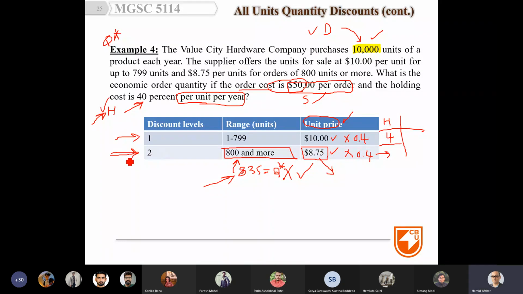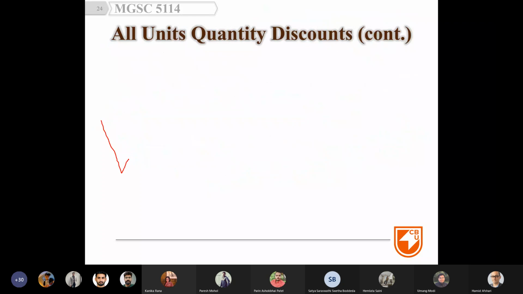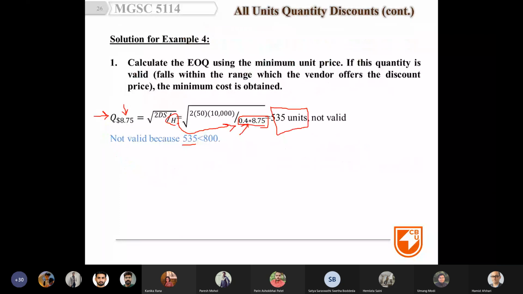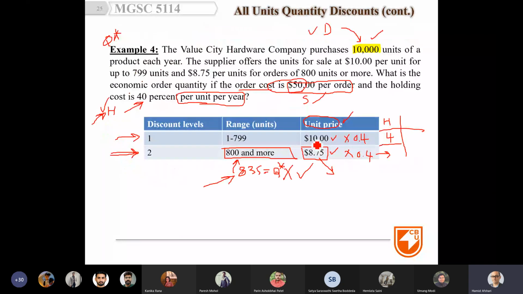Go back here. What was the first step? Calculate Q star for the minimum unit price. And how much is the minimum unit price? 8.75. Exactly. Excellent. Thank you, sir. That was the first step.